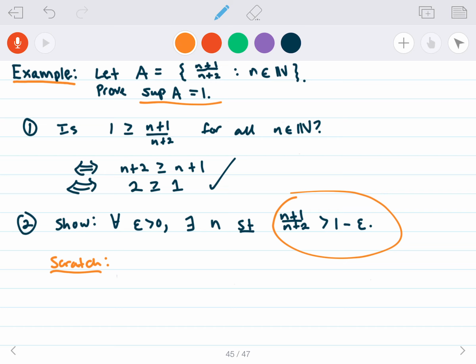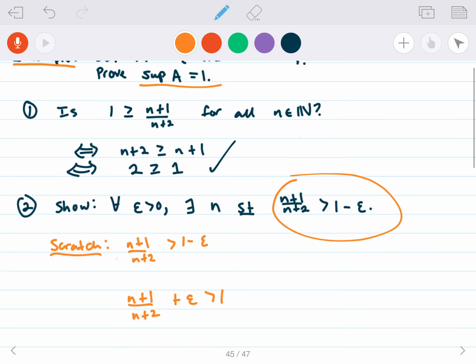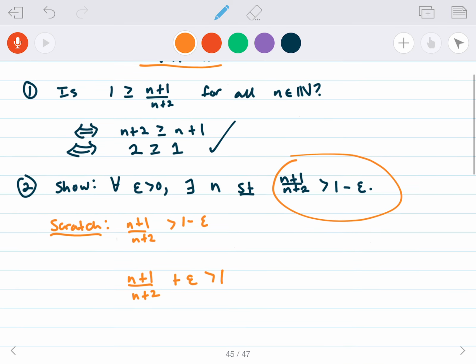Okay, so for the scratch work, let's go ahead and isolate little n. So we have n plus 1 over n plus 2 is greater than 1 minus epsilon. If I add epsilon to both sides, n plus 1 over n plus 2, plus epsilon, is bigger than 1. Okay, and then if I multiply both sides by n plus 2, it's going to give me n plus 1 plus epsilon times n plus 2 is greater than n plus 2.